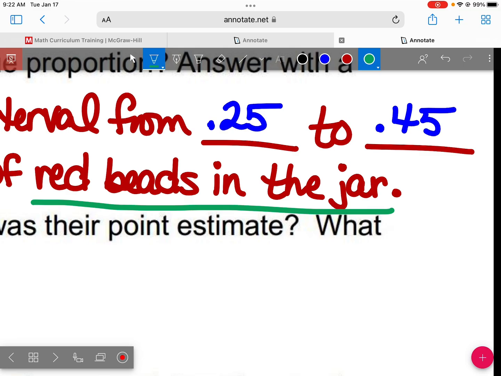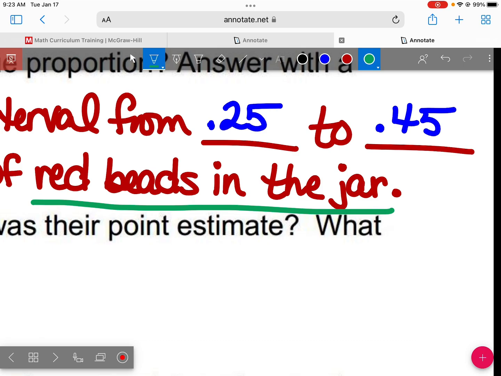So those two do not. 0.25 to 0.45 was mine, and mine did not include it. Now we need the tightest interval. This is our winner, the tightest interval. The true proportion of red beads in that jar was 0.482, 48.2% of those red beads.